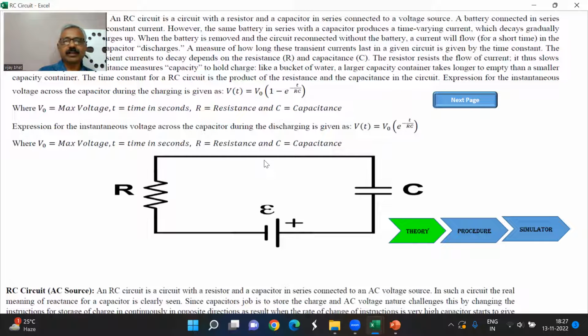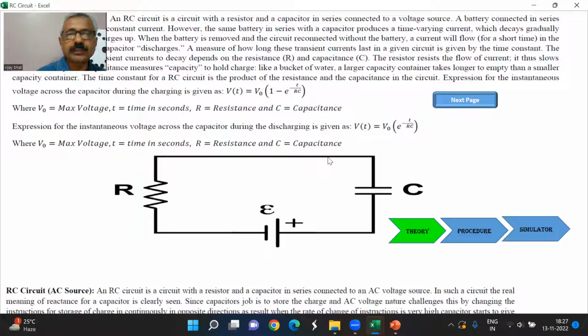So initially the current flows through the circuit, but gradually the current starts to diminish as the charge starts to accumulate in the capacitor. And as soon as the value of charge becomes almost equal to the applied potential, there is no or zero current in this circuit.